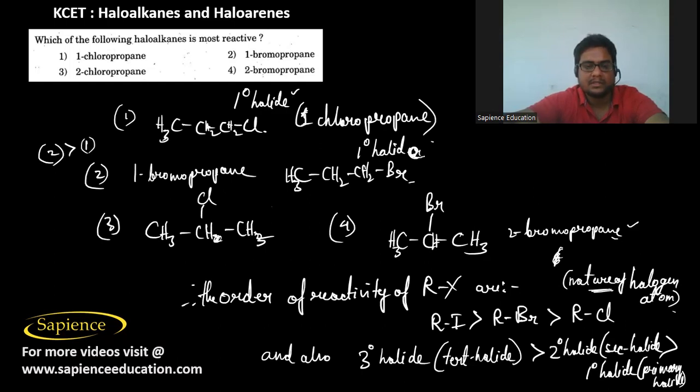In the third one, we have a 2-degree halide, but here we have chlorine, so it is less reactive.